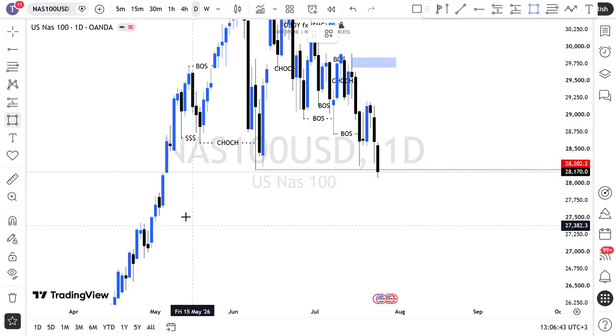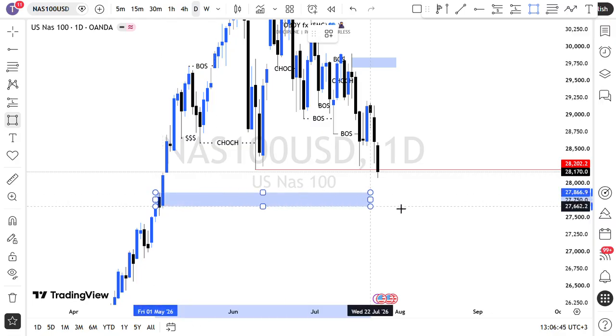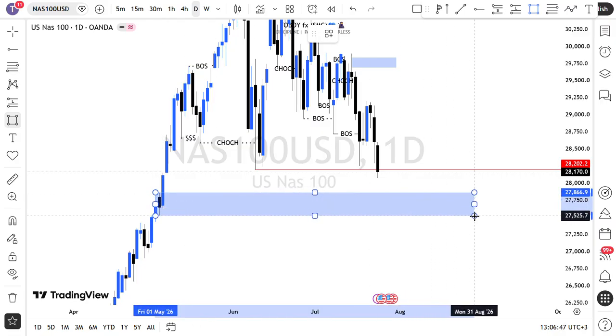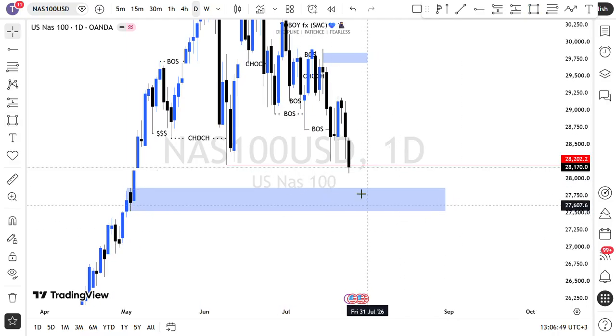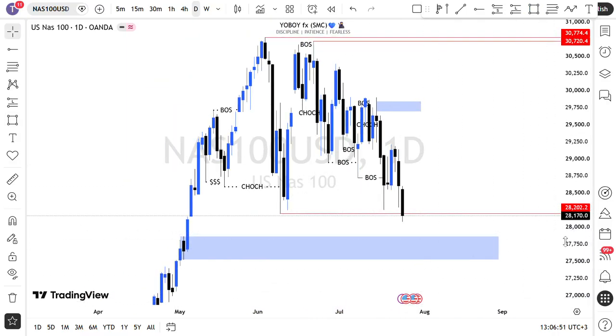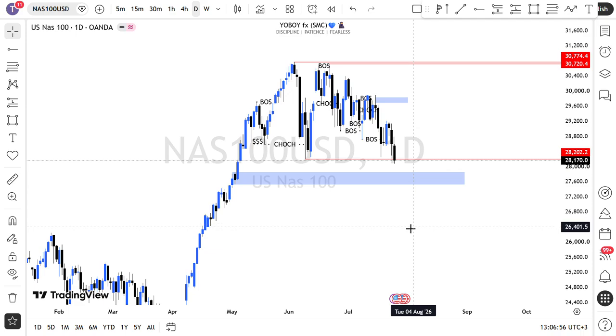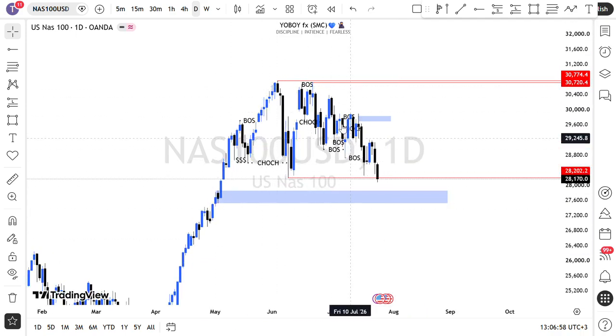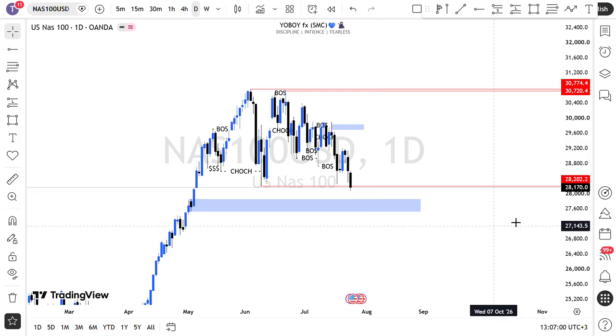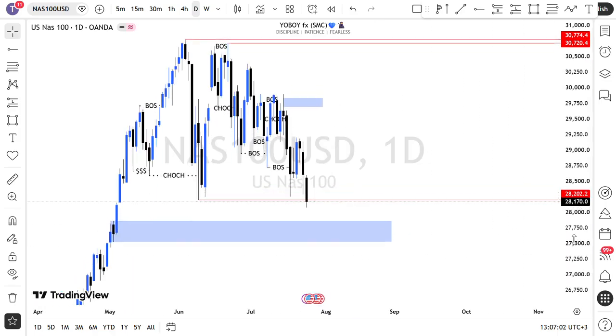And I told you guys price might be looking to come into this area, and then we look to see if price will be having a reaction from that point. But as of now, I think price will be dropping even lower because of the kind of structure that is being formed here. But let us wait to see what the price will be having for us.